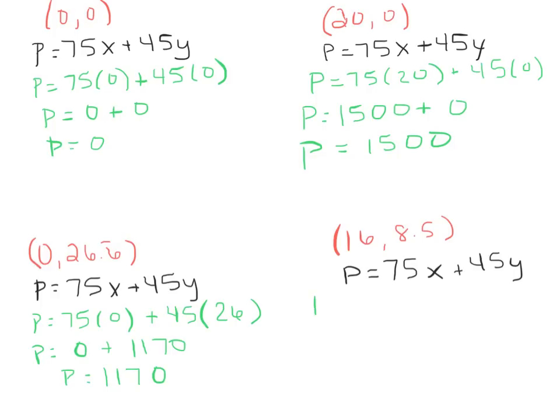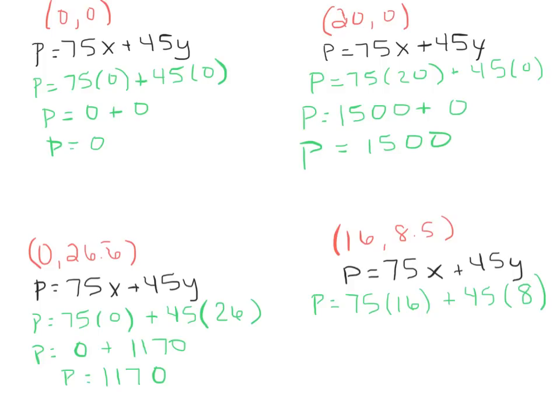So we got P equal to 75 times 16, 16 rollerball pins, plus 45 times, again, we have 8.5. Can we make half of a pin? No, we cannot make half of a pin. So we'll round down because we can't clearly round up. It doesn't make sense in this situation.